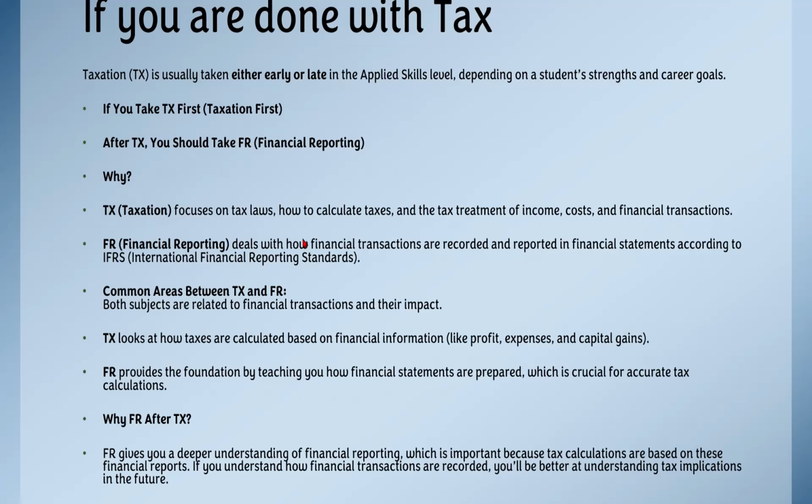In FR we will learn how to prepare company accounts, single entity or consolidation. So it will be easy to link which expense will be allowed and which will be disallowed, and easy to grasp those concepts. That's why I suggest you go with FR once you are done with tax.